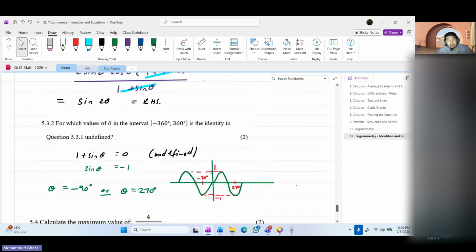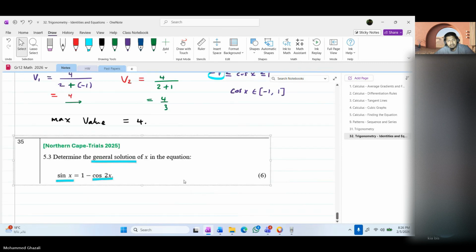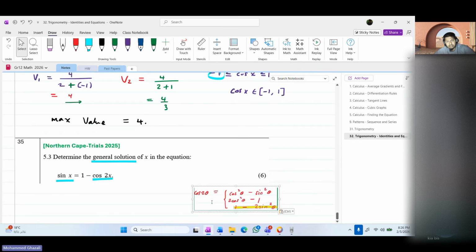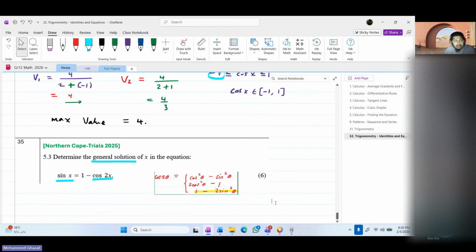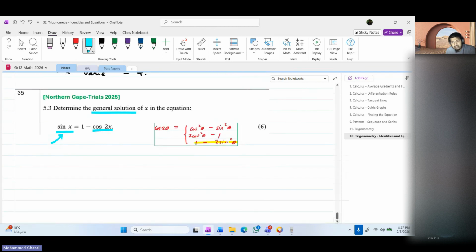Right, so these are the formulas that we have. Think about what you need to do. Which one should I use? I gave you a hint. I said we got sin x on this side and we got cos 2x here. So expand the cos 2x in terms of sin x only, right?